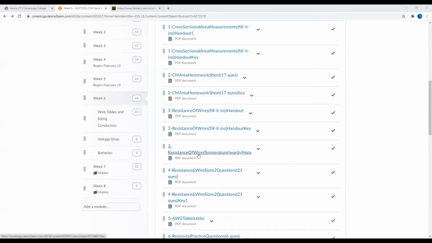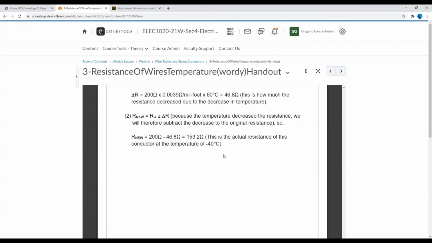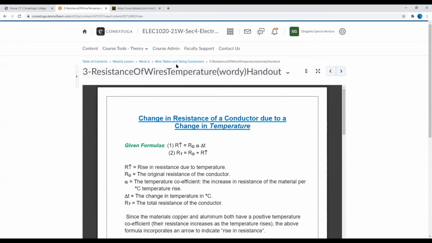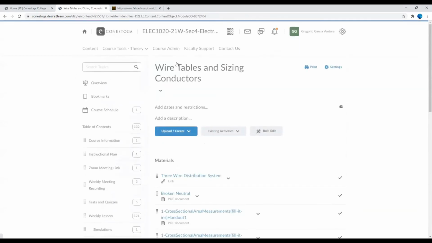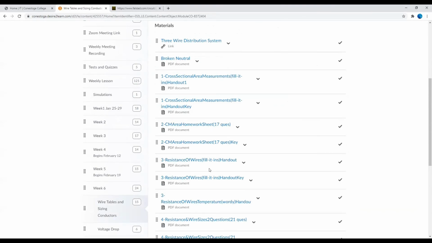This one that says resistance of wire temperatures, where the handout, that's the one that we just did. And now we are going to apply the knowledge that we already have to one of the problems.